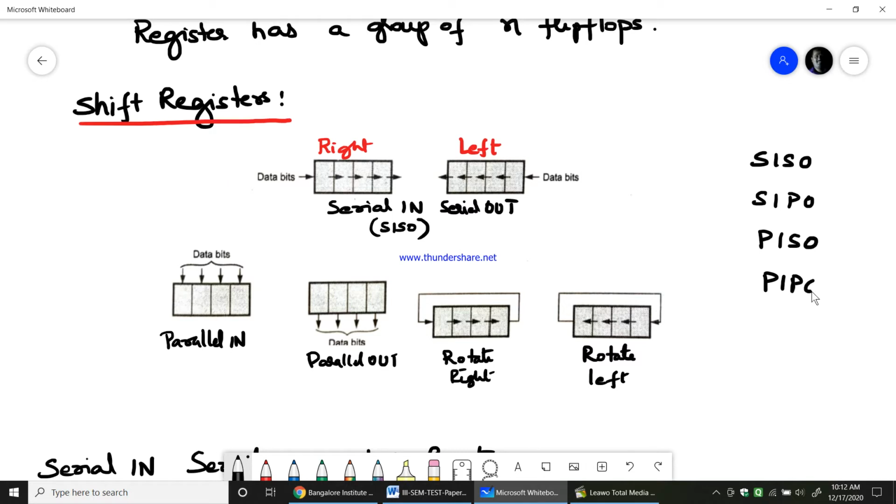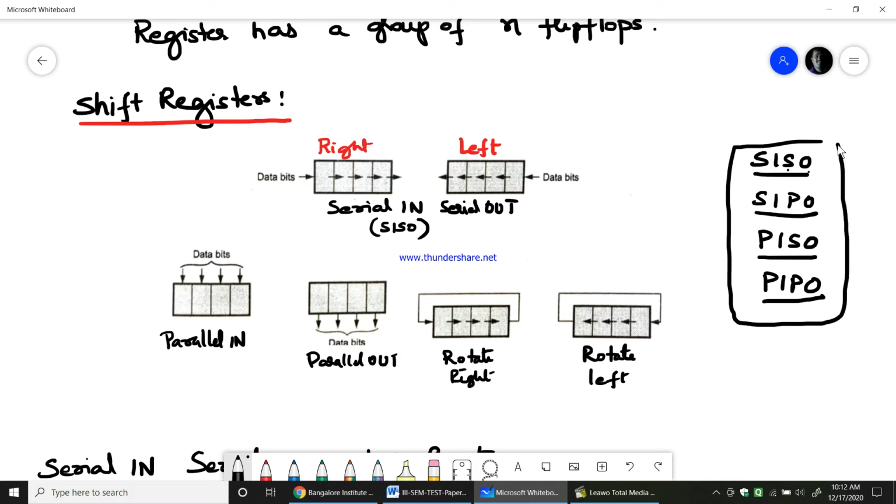This is serial in, serial out; serial in, parallel out; parallel in, serial out; and parallel in, parallel out. These are the various types of shift registers that we normally look at.